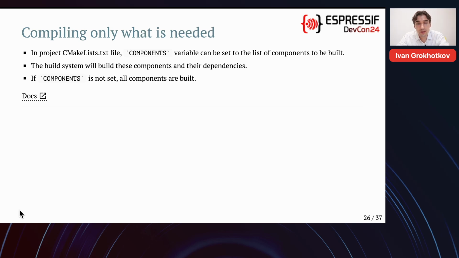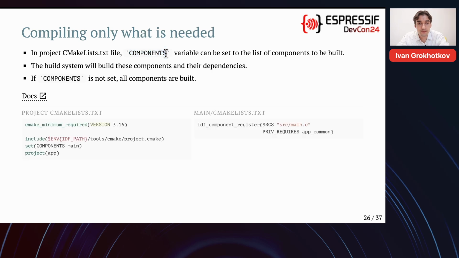As soon as we start specifying requirements, meaning that we specify the requires and priv requires in component CMake list files, and we also set the components variable in the project to some smaller set of components, we can trim the build, meaning that we can only add the components that are in the components variable, plus all the components that those components depend on. There are some docs that explain this further.